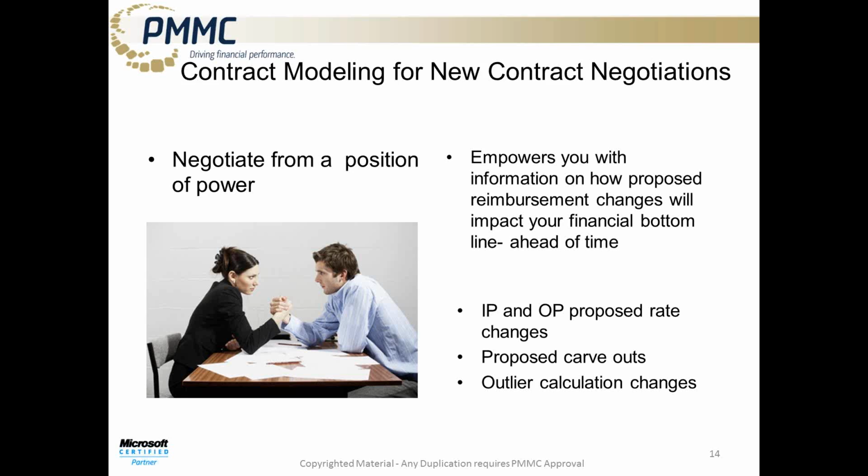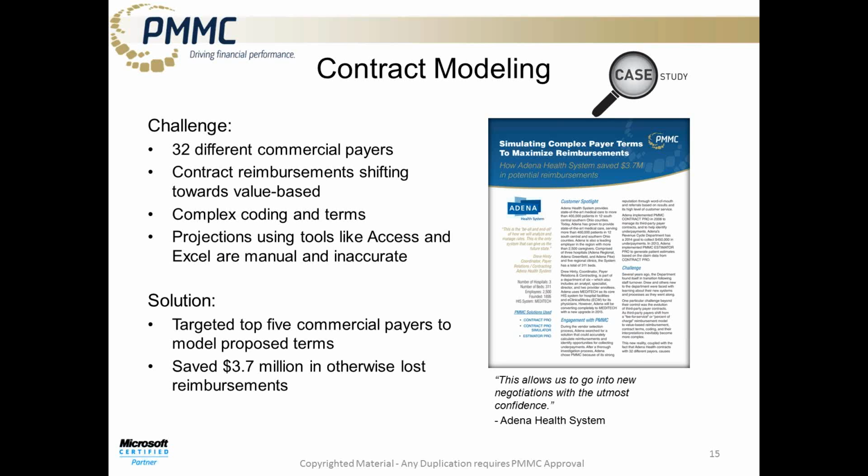They had to give a little bit on the knee replacements, but that's fine. In the end, they still had a net revenue increase because of that proposal. Big deal. That's a very simple example of how contract modeling at the time of negotiations can be a big benefit to your bottom line.